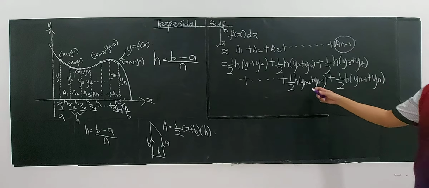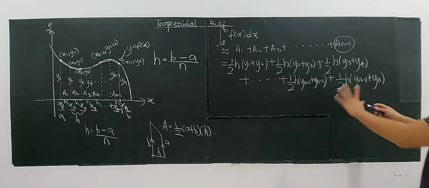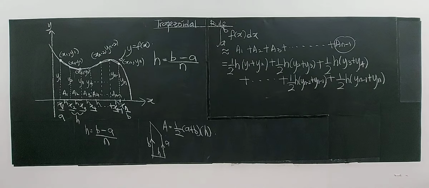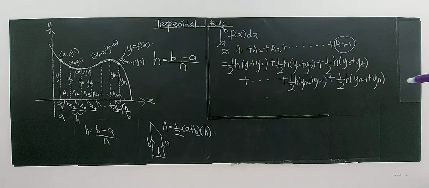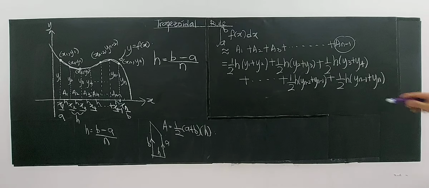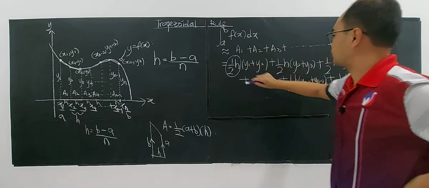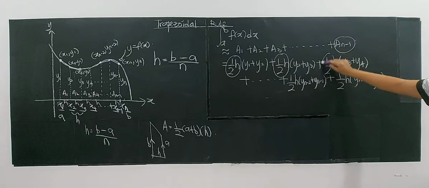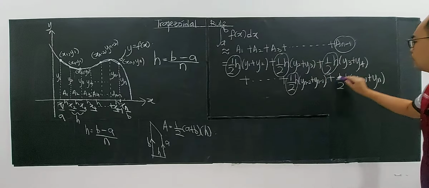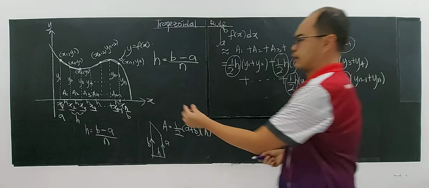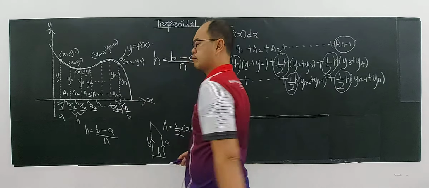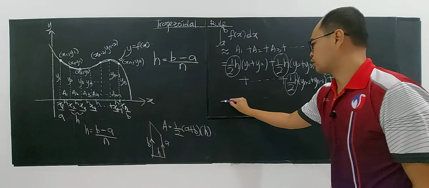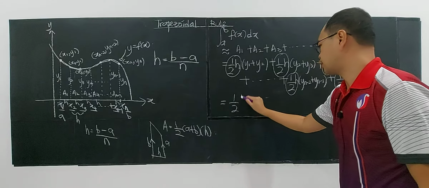Now what we're going to do is generate the formula by looking at all the constants that I can factor out. All of them have the same half h, because the lengths are the same. The difference is the sum of the y values. So I take out 1 over 2 h.